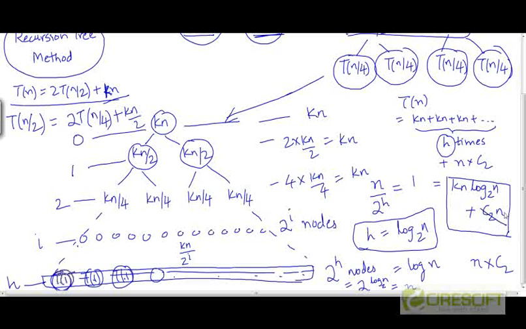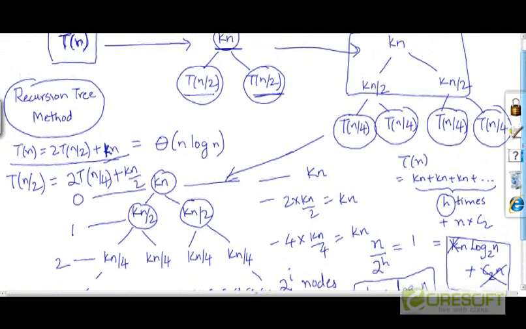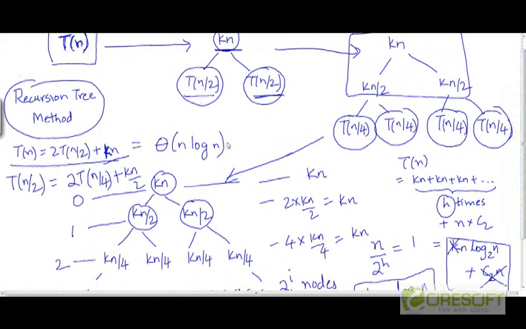So we can drop the lower order term, and in the dominant term we can ignore the constant values, and so we can express T of n as theta of n log n. So this is the value of the running time in both the worst case and in the average case.